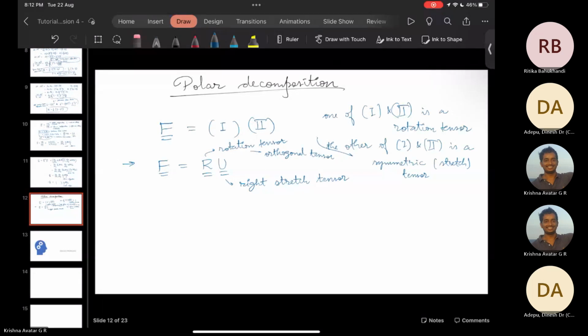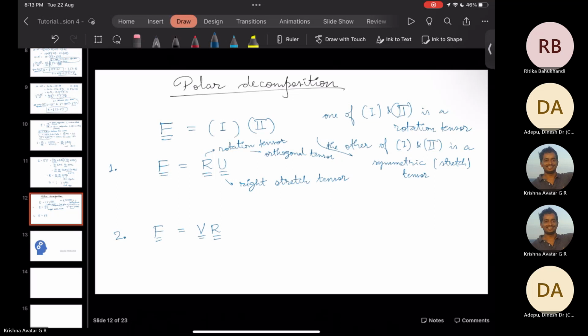The other decomposition is V into R. So this is the first and this is the second decomposition. Now both have their advantages, and they are used in specific contexts. In some contexts, you will use RU.